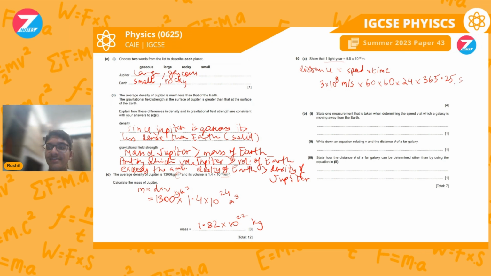So these many seconds are in a year, into the speed of light, which gives us 9.47 into 10 to the power 15 meters, which rounded off to two significant figures is 9.5 into 10 to the power 15 meters.